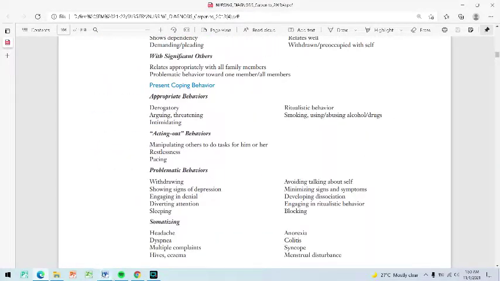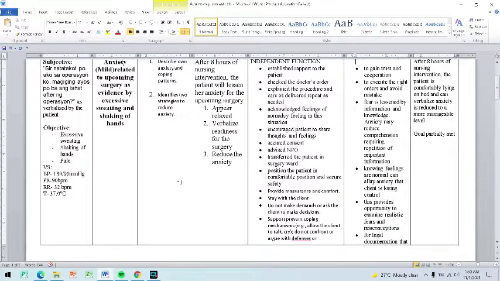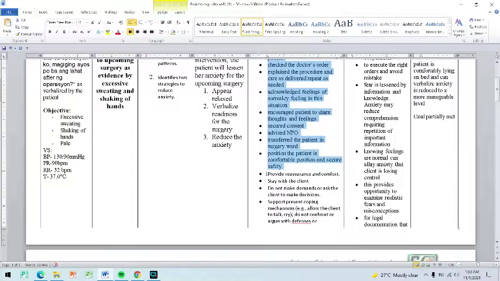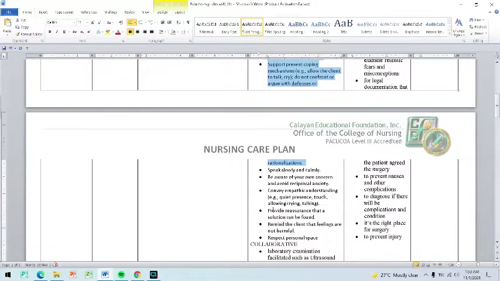Okay, let's go back to the nursing care plan. All these things are being done by the student nurse according to the case, and these are the things taken from our NANDA.